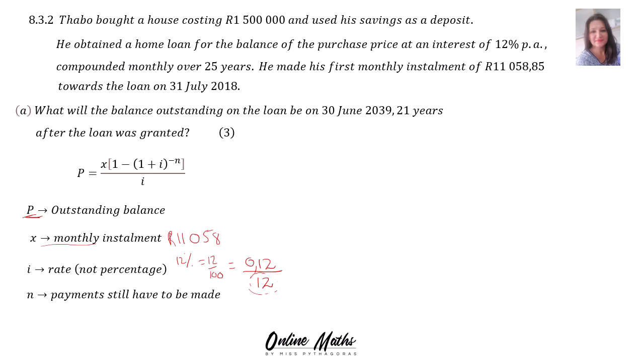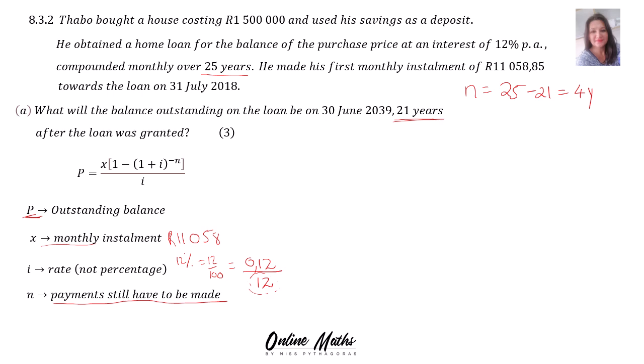And then N is the payments left, the payments that still have to be made. So in our sum, the loan was granted for 25 years and we want to know what the outstanding balance is after 21 years. So the N is 25 minus 21, which is 4 years.